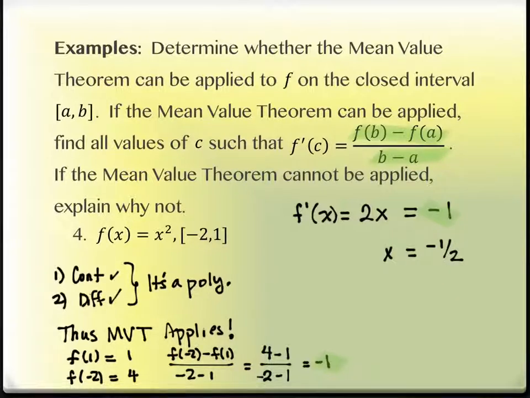You know, the sooner you guys give me answers, the quicker the class goes, right? Just throwing that out there. Okay, it's at -1/2. And is -1/2 between -2 and 1? Yep, it is. -2 is less than -1/2, and that is less than the 1 value of my endpoints. We did it. We found it.